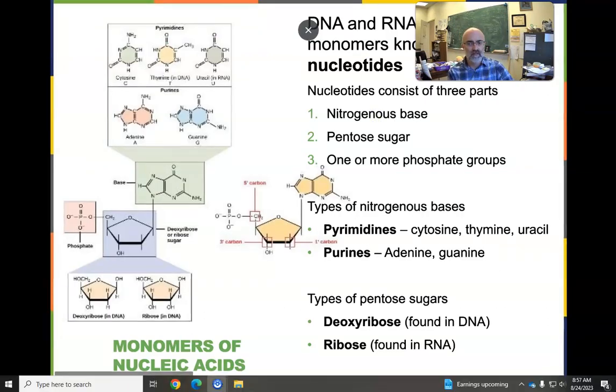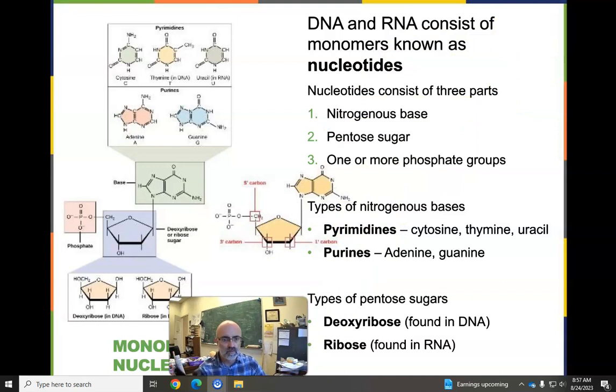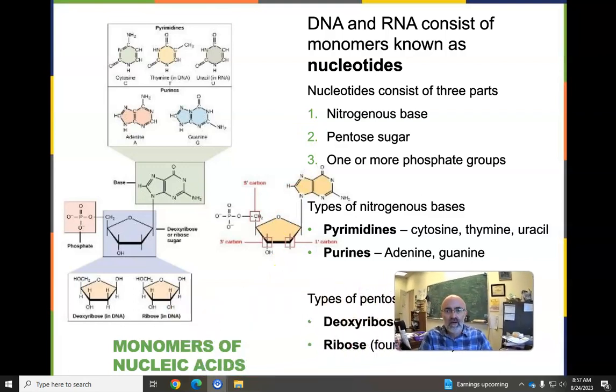Okay, DNA versus RNA. Both of them are polymers. They're big molecules, and each of those polymers is made up of monomers, just like we saw with all of the macromolecules we're talking about here. So here the monomer is the nucleotide. The building block of the polymer is called a nucleotide. And each nucleotide is made up of these three things.